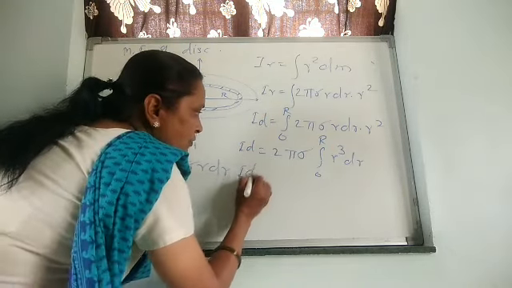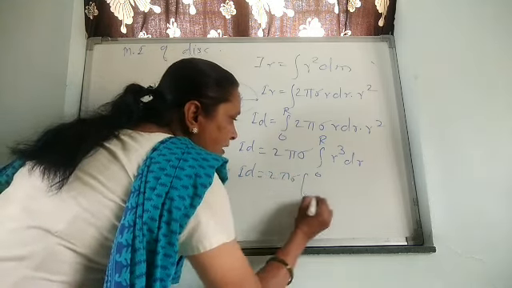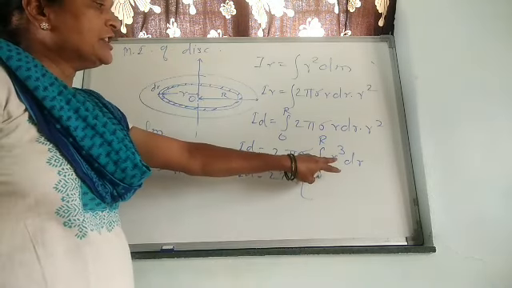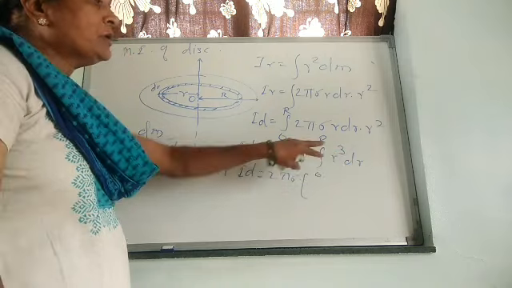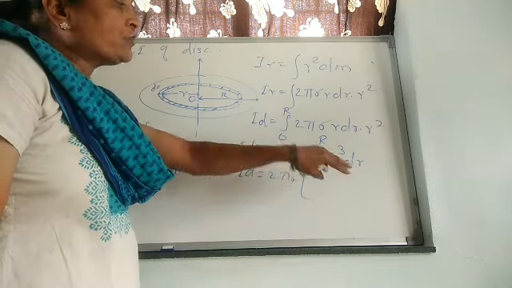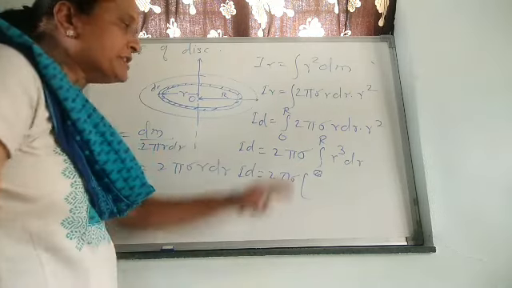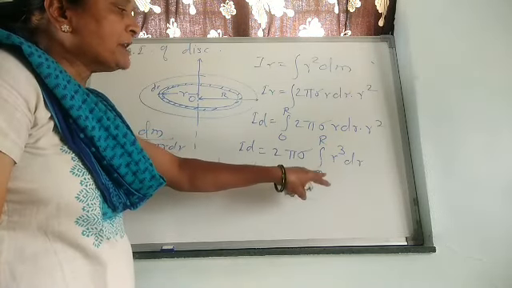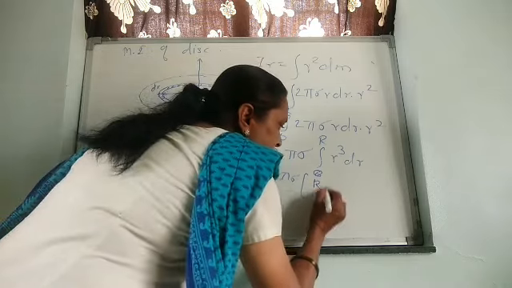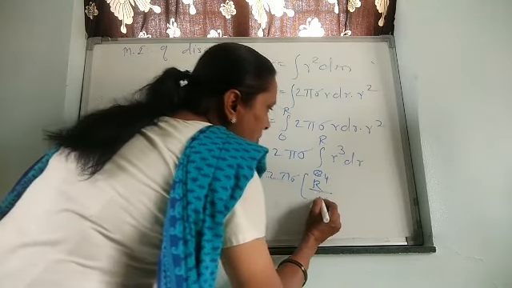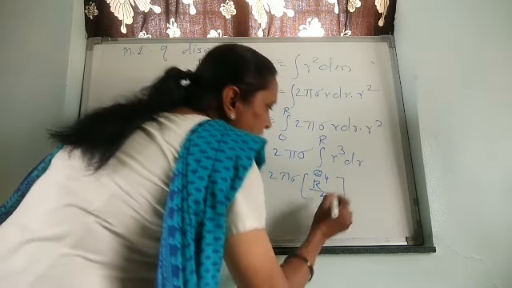Then I_D is equal to 2 pi sigma. You know that the integration of r cube dr will be equal to r raised to 4 upon 4. The lower limit is 0 and the upper limit is r, therefore we substitute upper limit minus lower limit, so it will be r raised to 4 upon 4 minus 0.